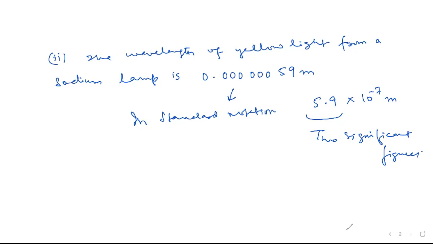Now, calculators give numerical answers to as many significant figures as there are digits on the display. This can be misleading since the answer to a calculation should always be to the same number of significant figures as the data supplied.